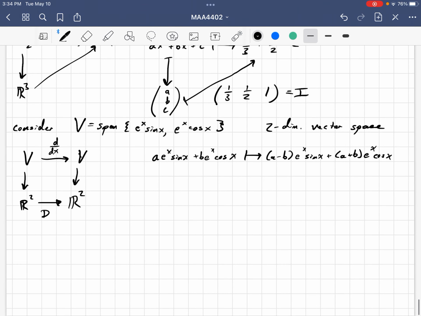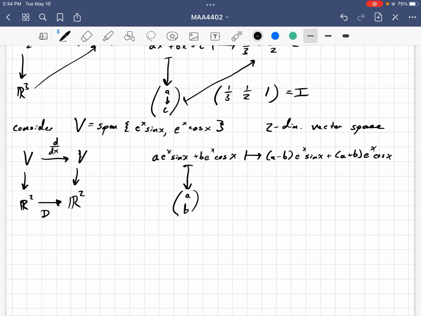And now the most natural association between the arbitrary element of V and something in R2 is to make e to the x sine x play the role of i hat, 1, 0, and e to the x cosine x play the role of j hat, 0, 1. So we associate this with the vector AB.